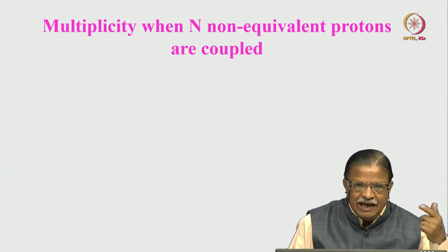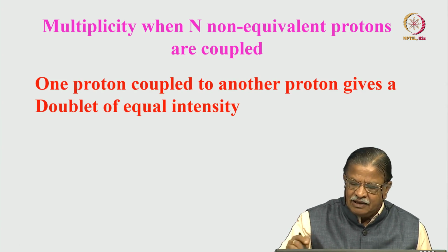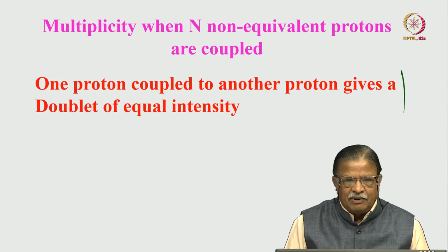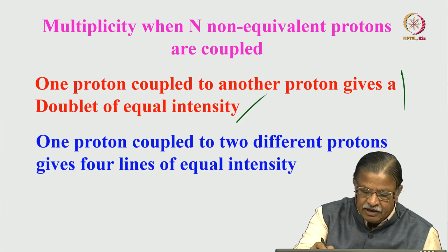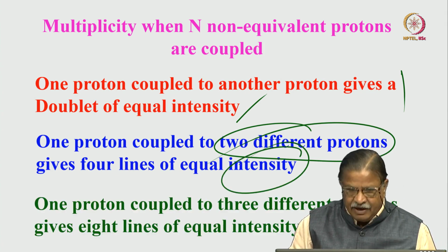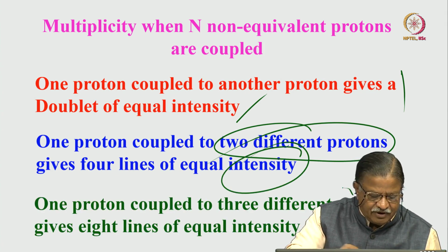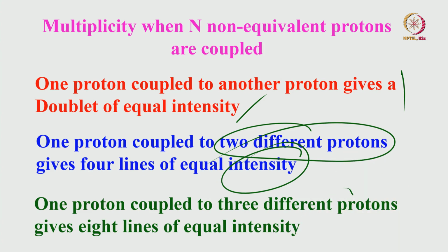Now let us see the multiplicity when n non-equivalent protons are coupled. This is the summary. One proton coupled to another single proton gives a doublet of equal intensity. When one proton is coupled to 2 different protons, we get 4 lines of equal intensity. When it is coupled to 3 protons of different chemical shifts, chemically inequivalent protons, you get 8 lines of equal intensity.